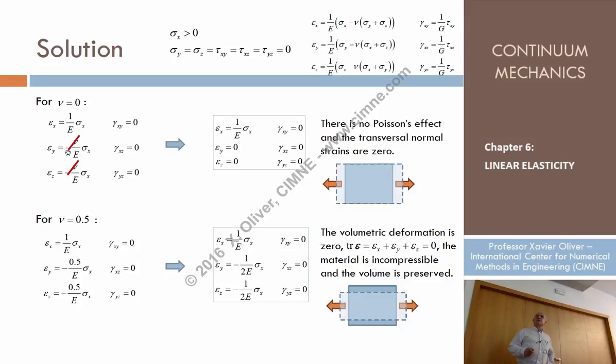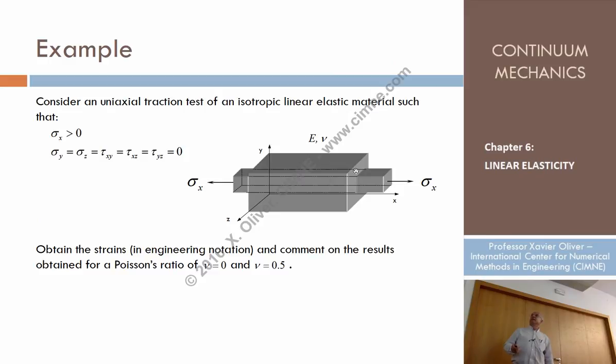There is a minus. So epsilon y and epsilon z would be equal to each other, proportional to sigma x, and negative. Look. So that means that there will be a contraction and negative elongation in the cross-section direction of this part. So that's what is specified here.